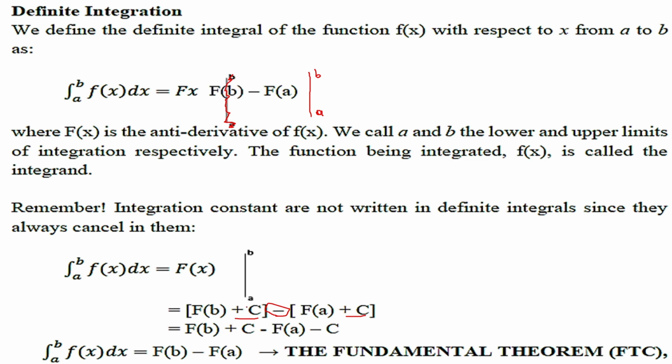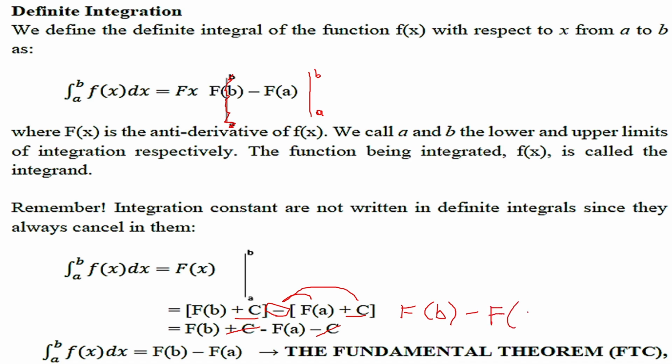F of b plus c, just copy it, minus sign. F of a, it's minus F of a, right? And then the minus sign to the positive c, so it should be minus. So positive c, negative c, so the rest is F of b minus F of a.